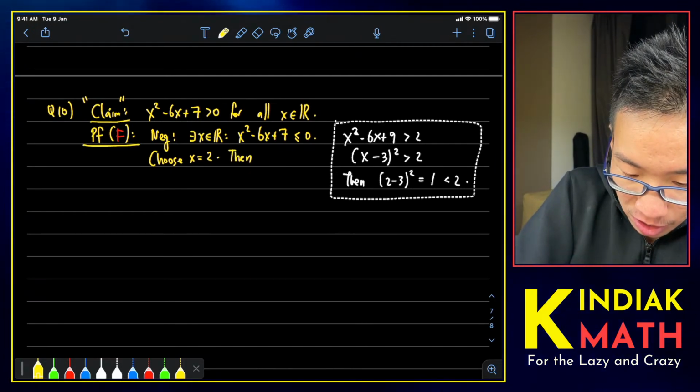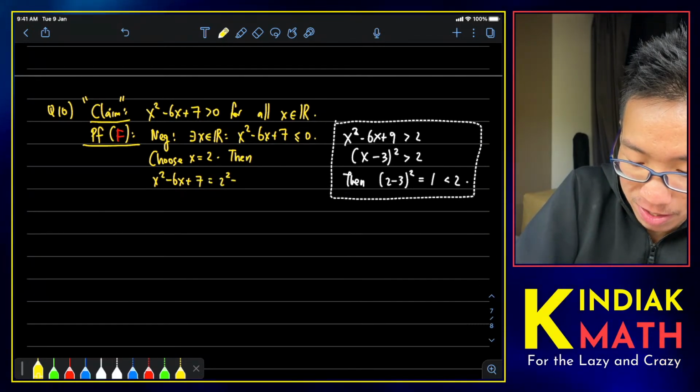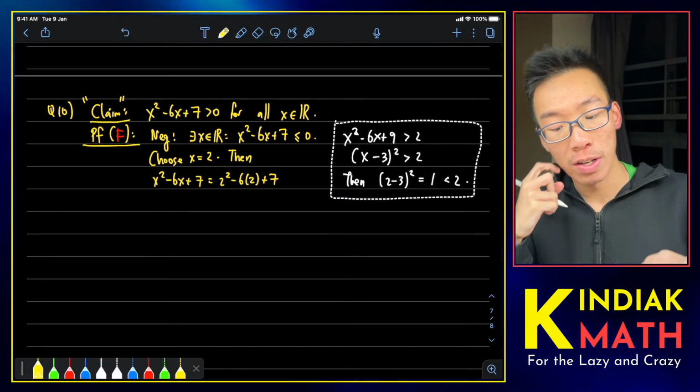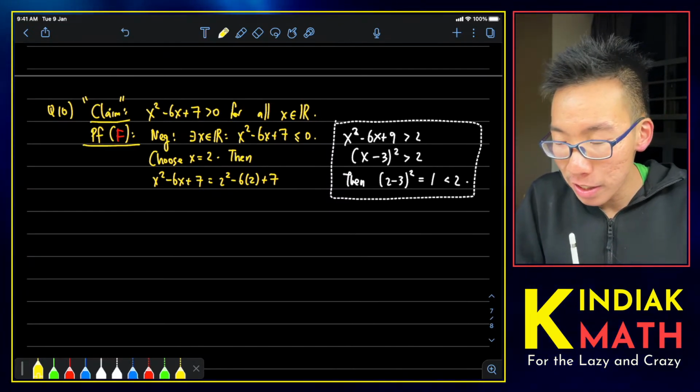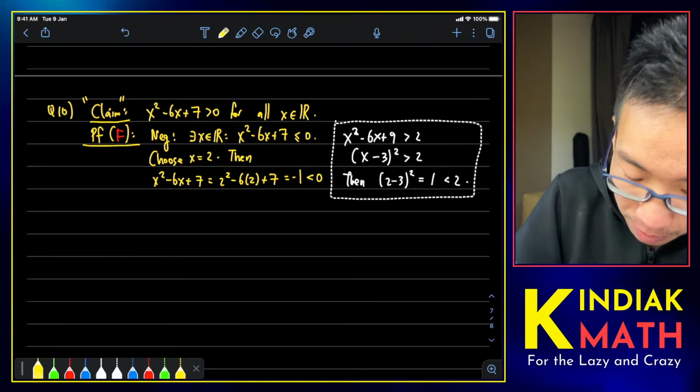Then x squared minus 6x plus 7 is going to be 2 squared minus 6 times 2 plus 7. This is 4 minus 12, that's negative 8, plus 7, that's negative 1, which is less than 0.